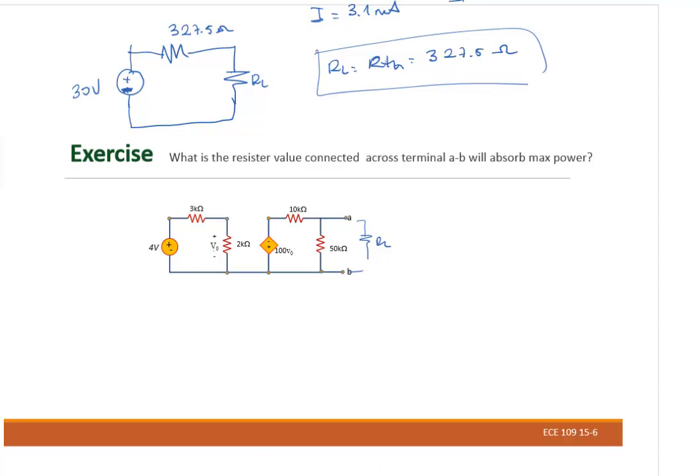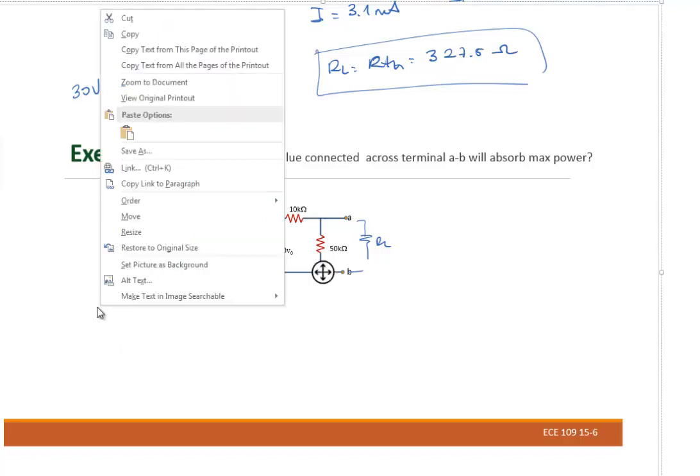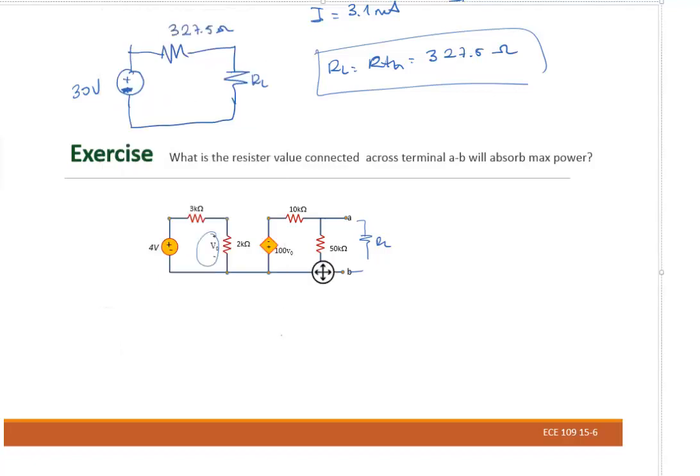First of all, what is V0 right there? Because if we're going to find VTH, RL is not there. We're going to look at this way here. Find V0 first.